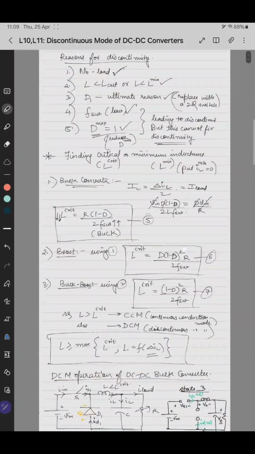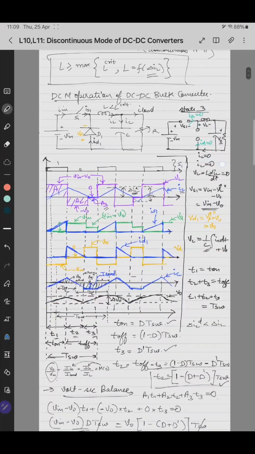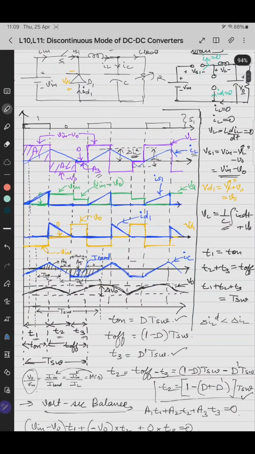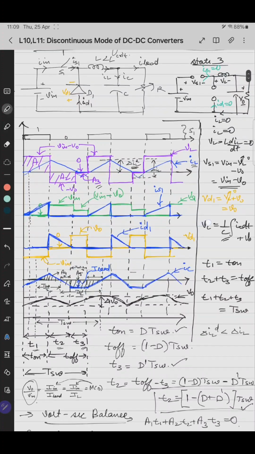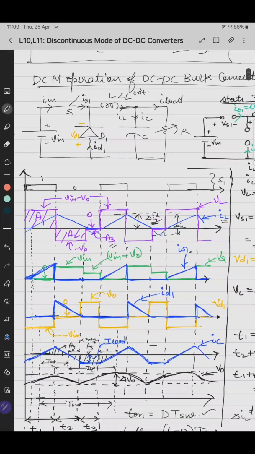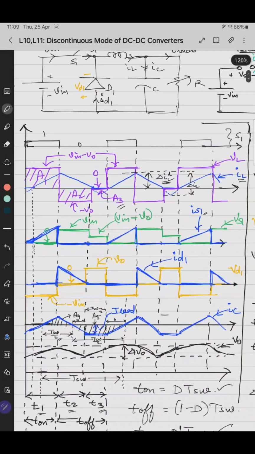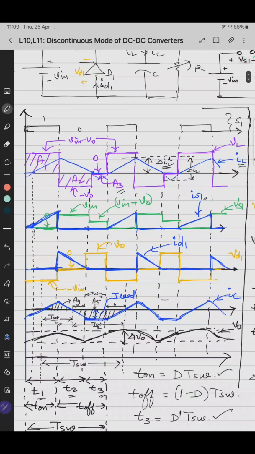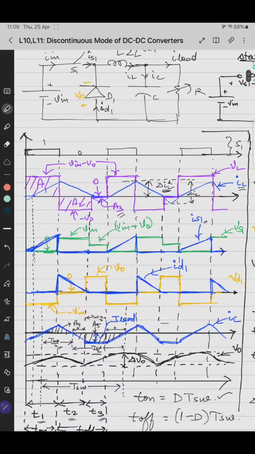This is the waveform of the buck converter. This is IL, and this is IS1, or IN, the input current, because the input current equals the switch current. Here you can see that out of the waveform of IL, only the part which appears in the D into T switching time counts, that is IL equals IN when t equals T on.